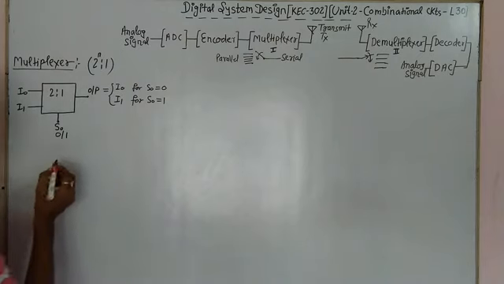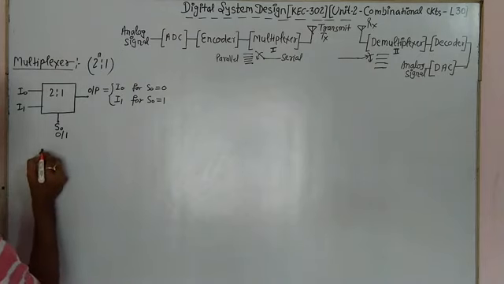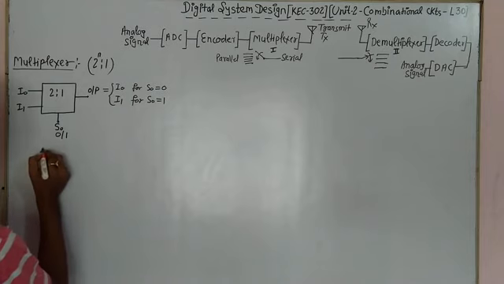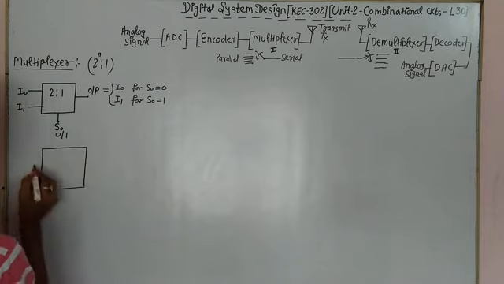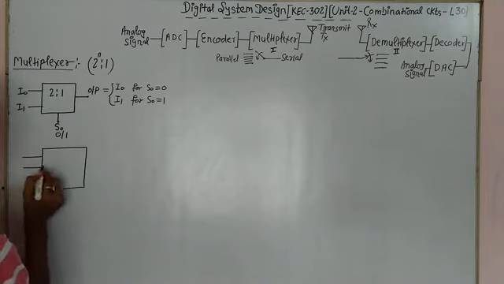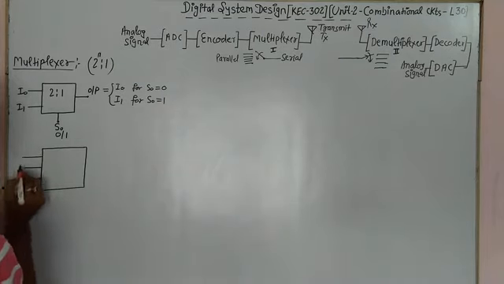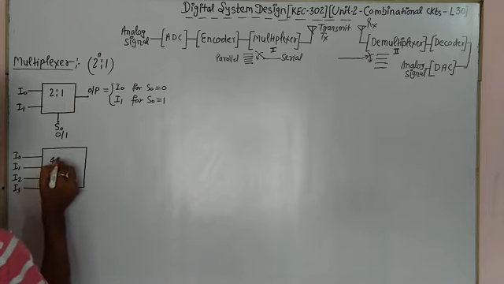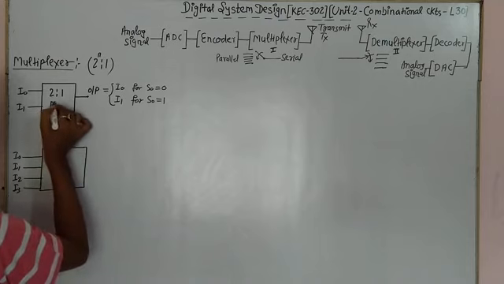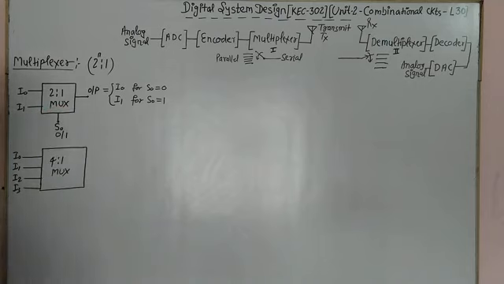In another way, you can understand better. For another example, we can take four inputs: I0, I1, I2, I3. This is also known as a mux.